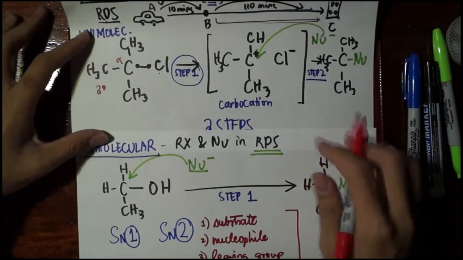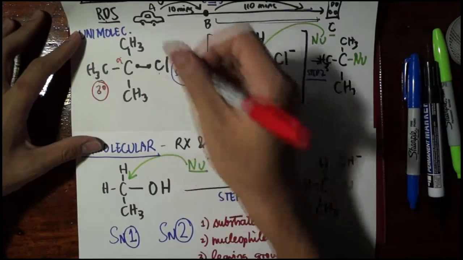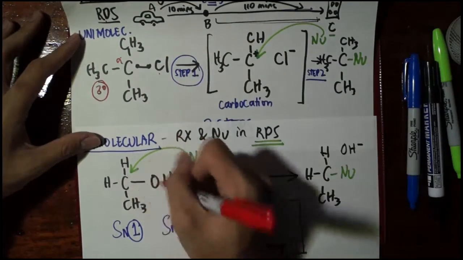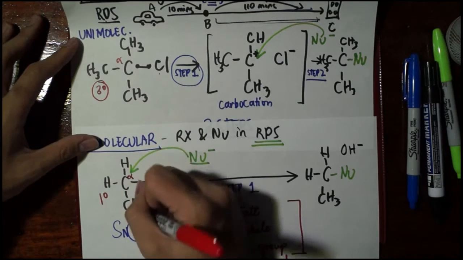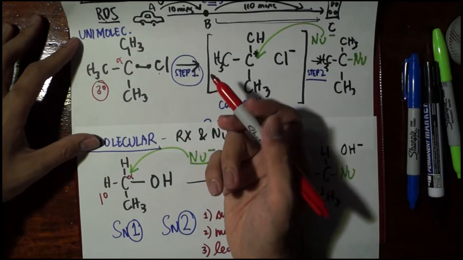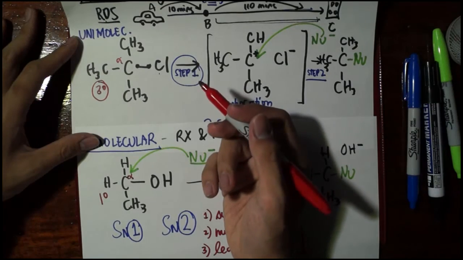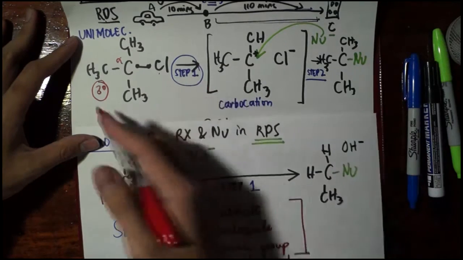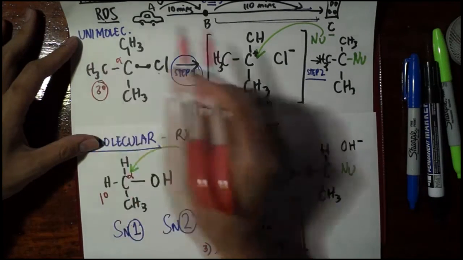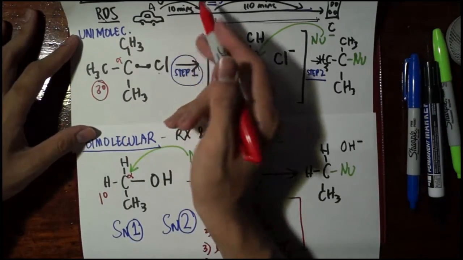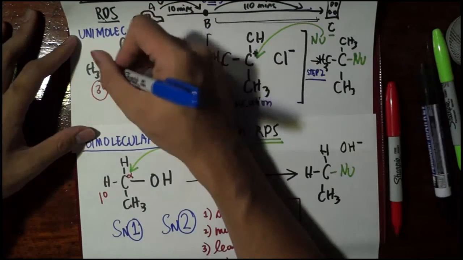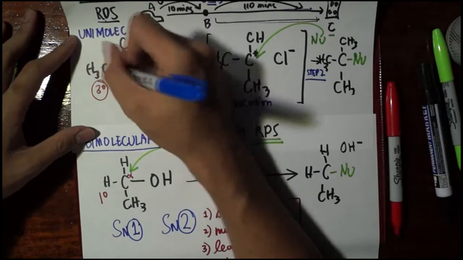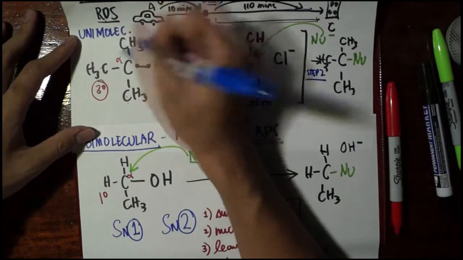So here in the unimolecular, you see that I wrote a tertiary one, while here for ethanol, this is just a primary one, right? This alpha primary. Alright. Now, why is it that I used a tertiary RX compound in the unimolecular reaction? Look, the purpose of these carbons is to support the alpha carbon.